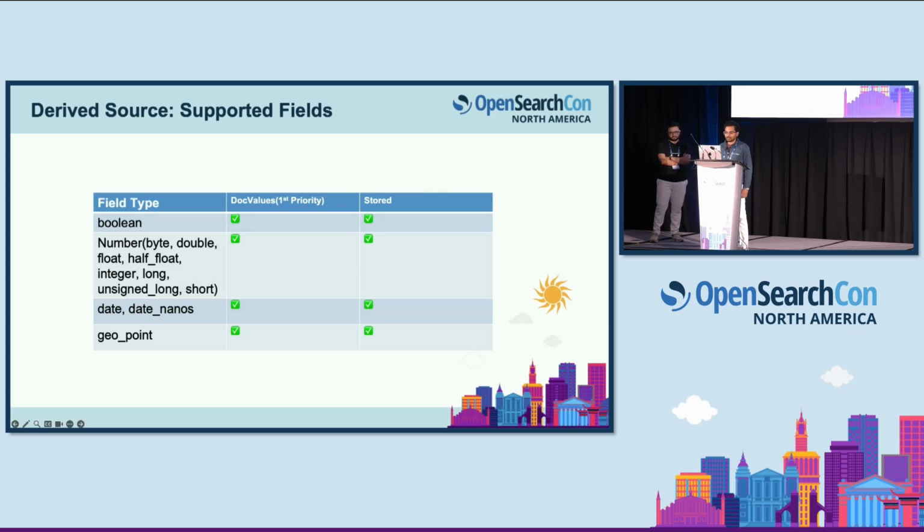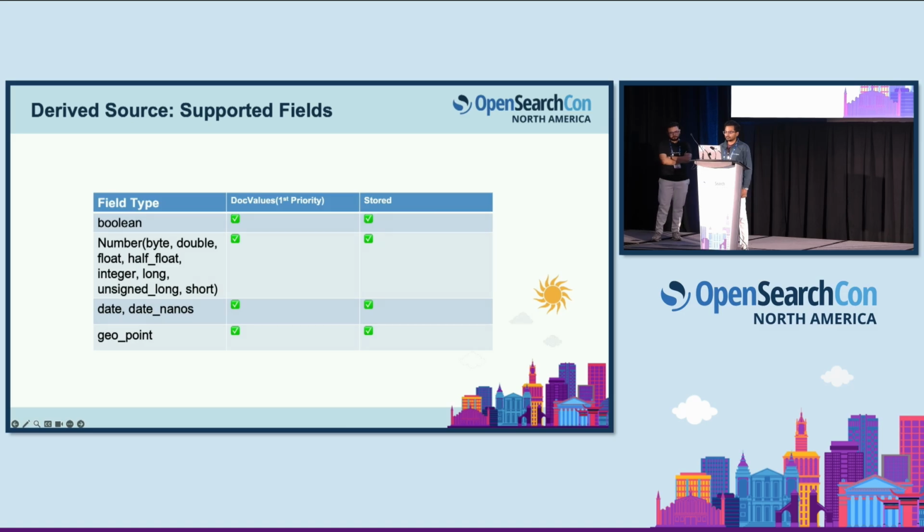And in this one, for date and geopoint, for date we support all the formats, so it will try to preserve the format that the user has provided in the final regenerated source. For geographical field types, we currently only support geopoints and not geo shape.